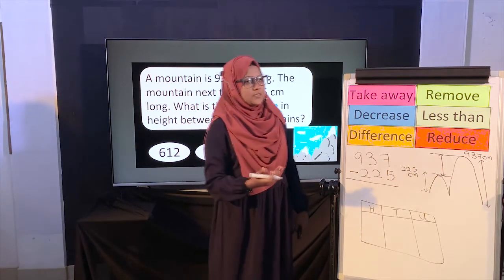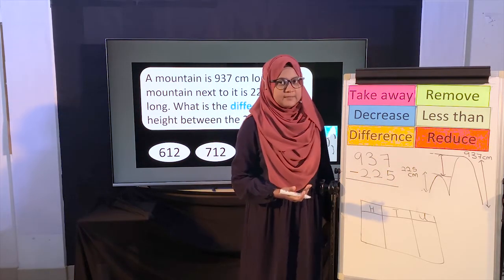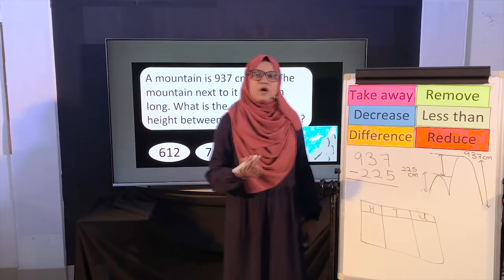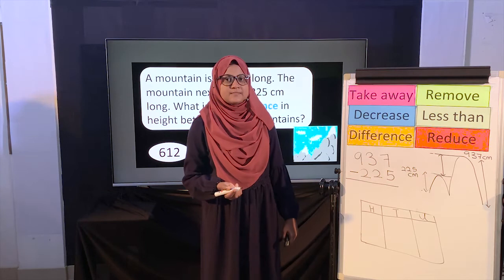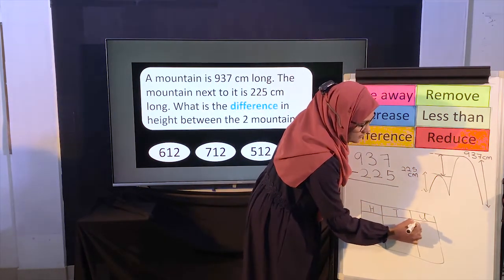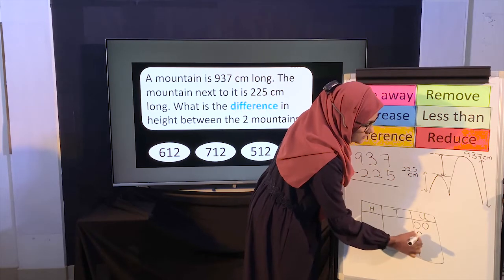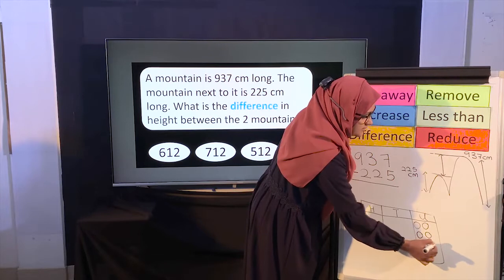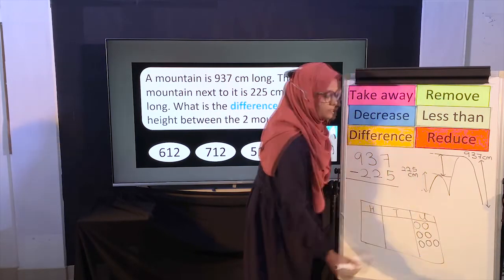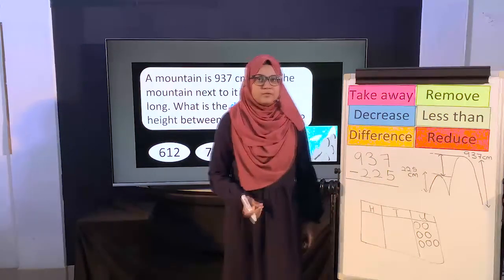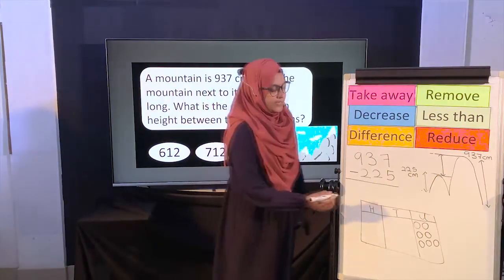So what is the total number on units place? It is 7. So we have to draw how many circles? 7 circles. Very good. 1, 2, 3, 4, 5, 6 and 7. Next, in tens column we have to draw 3 circles.